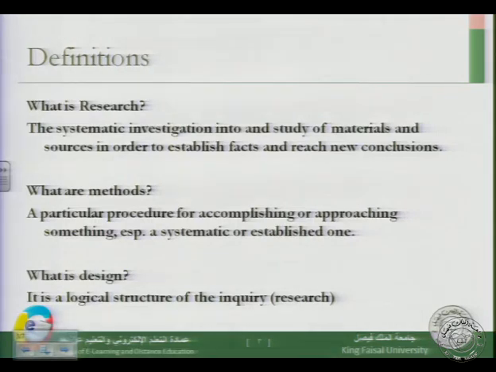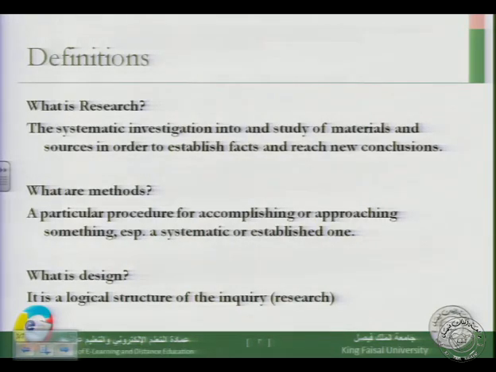So from research we want to establish facts and results. Research can produce to us some facts, and that's always done through science. Science usually produces facts. 1 + 1 = 2. In humanities, it's different.